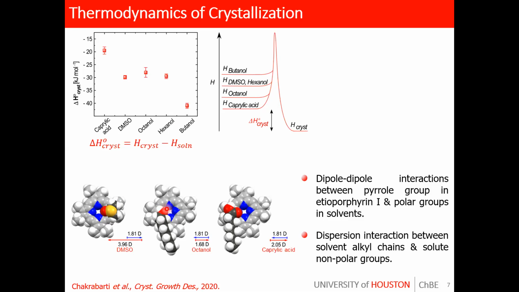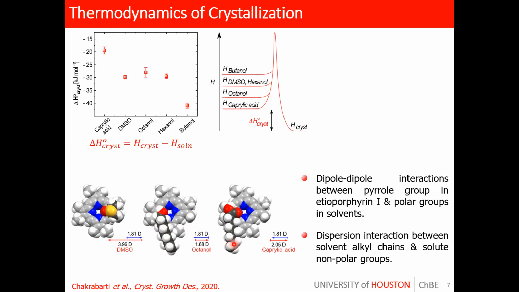So the dipole-dipole interactions are similar for all the alcohols, but with increasing alkyl chain length, the dispersion interaction or the van der Waals interaction between the solute and the solvent increases, leading to the solution enthalpy trend that we see here.